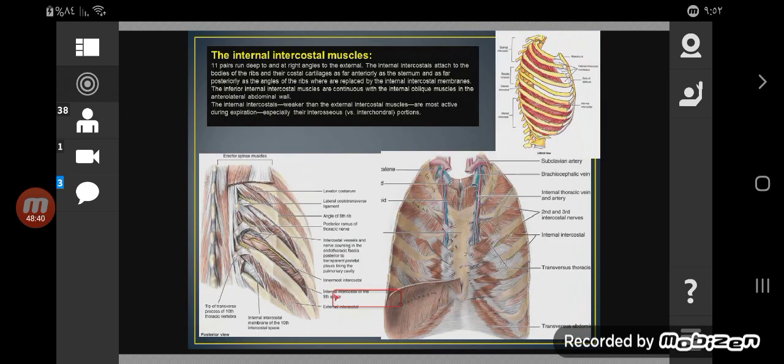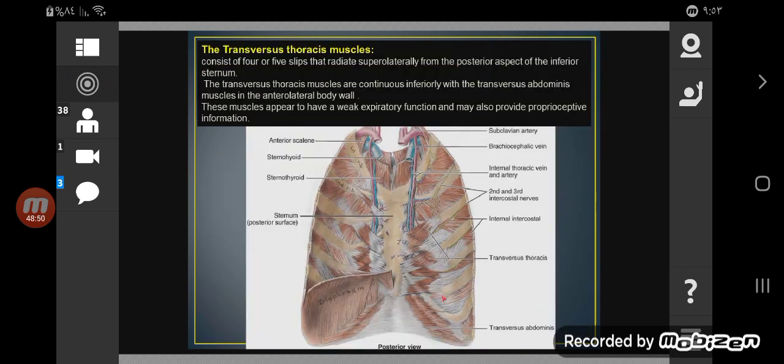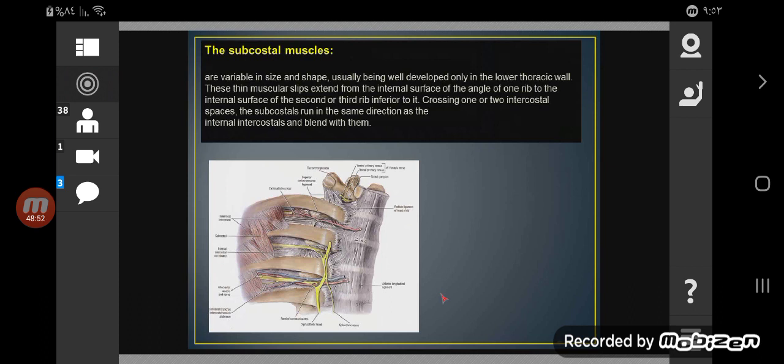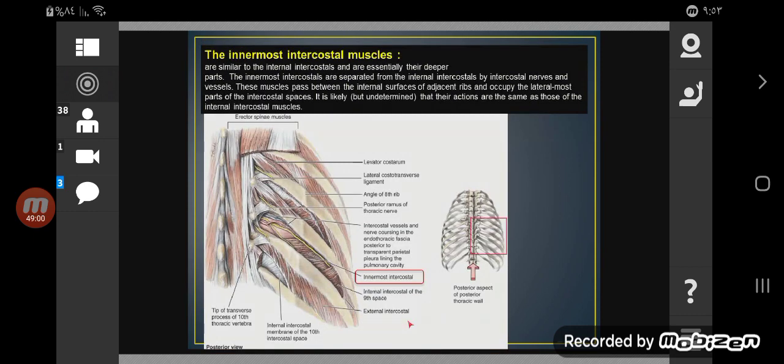It continues at the angle of a rib, and in continuation of the internal intercostal muscle, from the angle of the rib up to the lateral border of the vertebral column, you've got an internal intercostal membrane. Internal intercostal membrane.